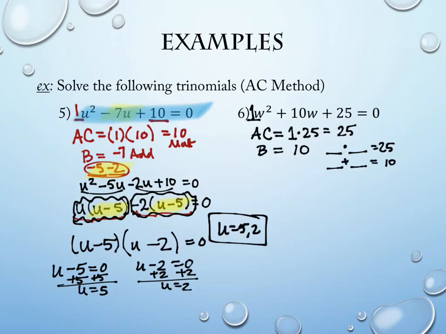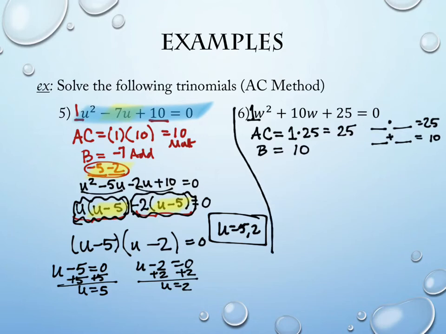Both of them are 5s, right? 5 and 5 are what's going to do it. So what we're going to do then is take that middle term 10w. So I've got w squared, and I'm going to rewrite the 10w as 5w plus 5w plus the 25.